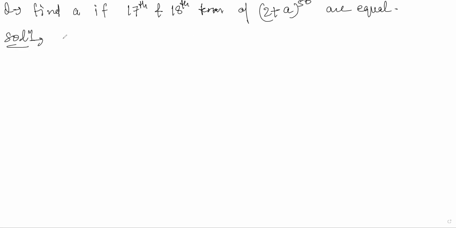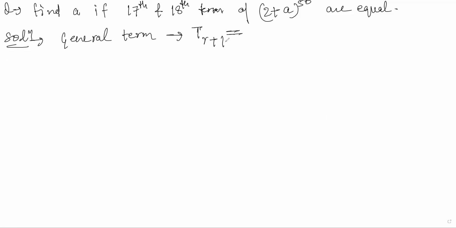So what do we mean by general term? General term basically represents every term. General term was written as T(r+1). So whatever you put the value of r, the term will always be the next one. If you put r = 0, the term will be first. If you put r = 1, term will be second, and it goes on like this.